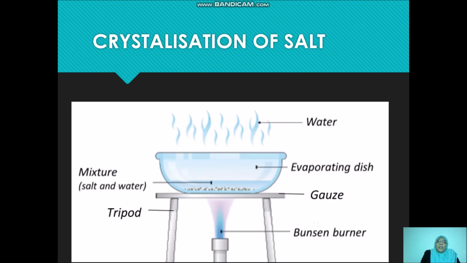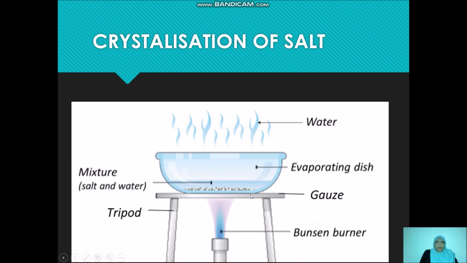Next, this is the process of crystallization. First, you have a mixture of salt and water, that means seawater. You put it into an evaporating dish, and you have a Bunsen burner to heat the liquid.